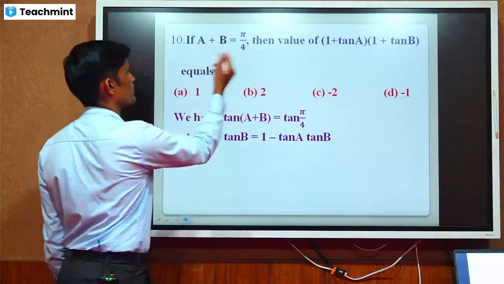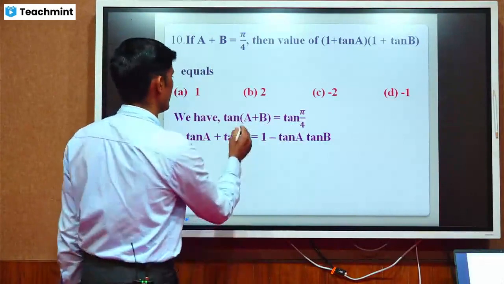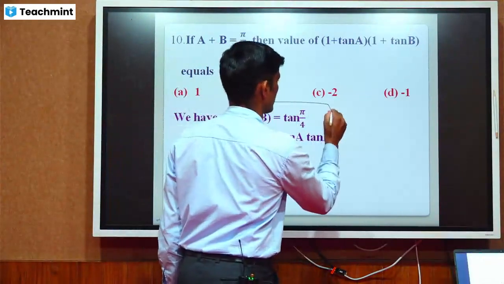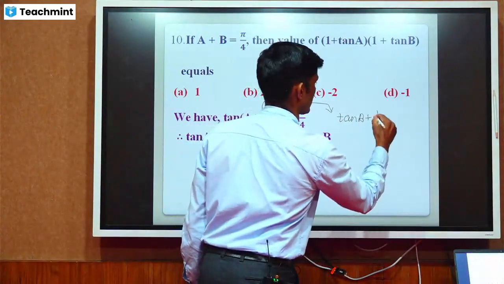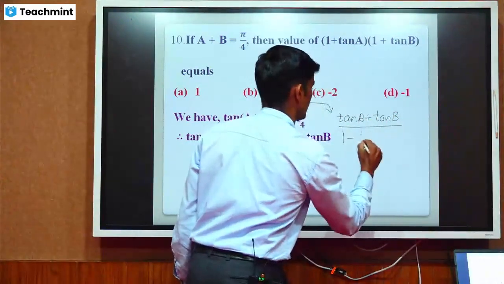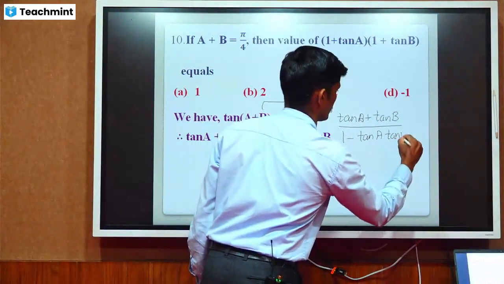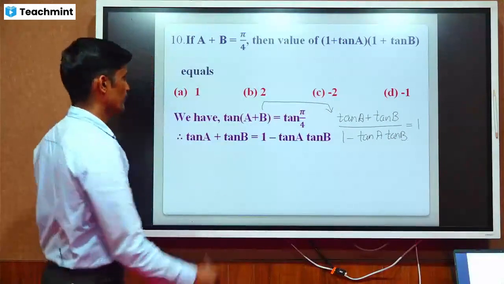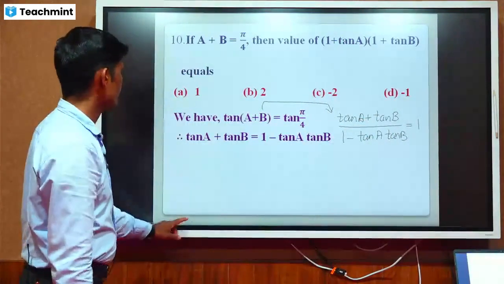Tan of A plus B is equal to tan A plus tan B divided by 1 minus tan A into tan B, which is equal to tan pi by 4, which is 1. So tan A plus tan B is equal to 1 minus tan A into tan B.